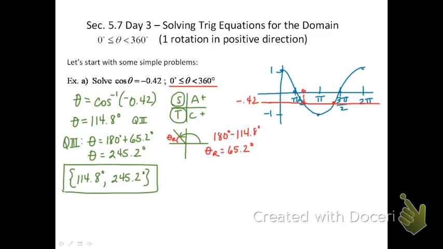And if we look, we are getting two angles in two different quadrants. This one represents the second quadrant here because it's in between pi over 2 and pi. And this one over here represents our angle from quadrant 3 because that point of intersection leads us to an angle between pi and 3 pi over 2. Hopefully that makes sense to you guys.